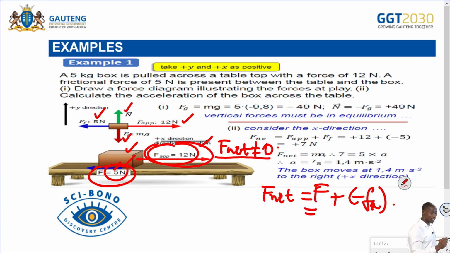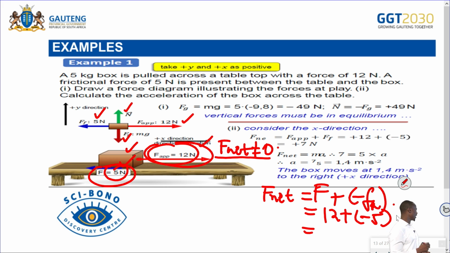So F net is 12 minus the frictional force of 5, which is 7 newtons, or plus 7 newtons. And since it's plus, remember which direction we took as positive: the right. So it is 7 newtons to the right. That is the net force.